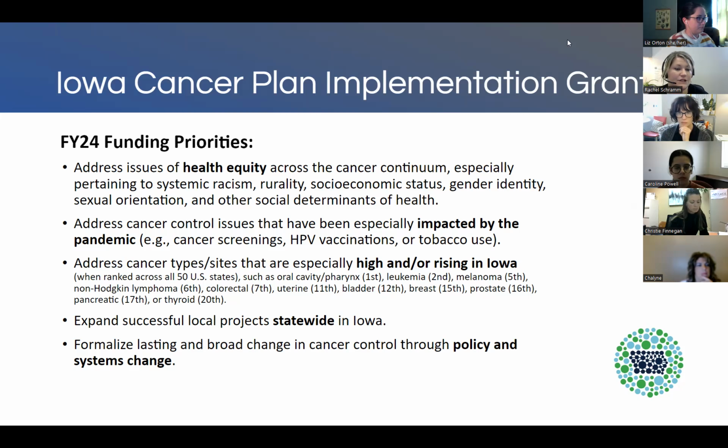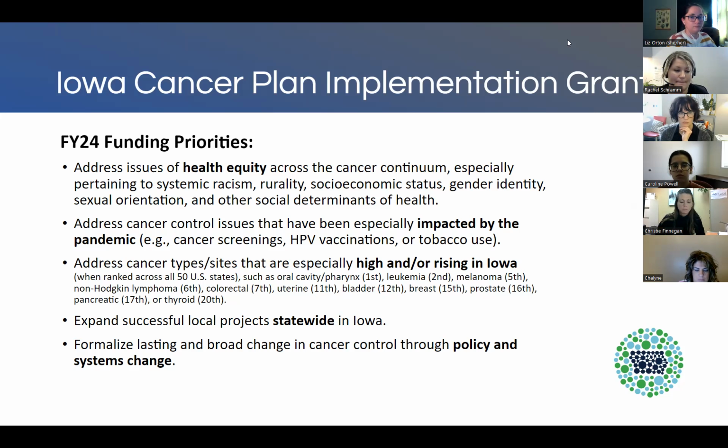The next one is to address cancer control issues that have been more heavily impacted by the COVID-19 pandemic. Those include missed cancer screenings, missed immunizations like the HPV vaccination, or perhaps increased substance abuse like tobacco.